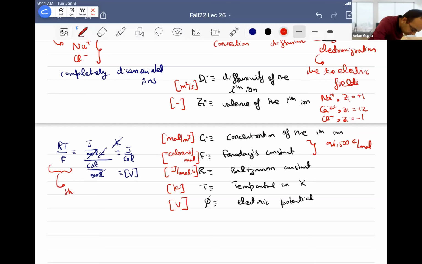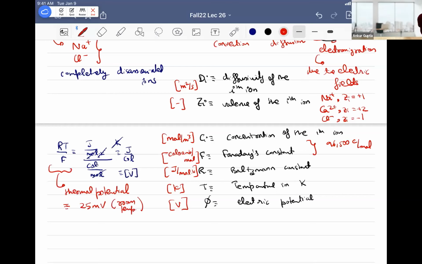Why is this called thermal potential? Because essentially this is the electric potential created by Brownian motion of these ions, RT by F. At room temperature, this is essentially 25 millivolts, just to give you an idea.